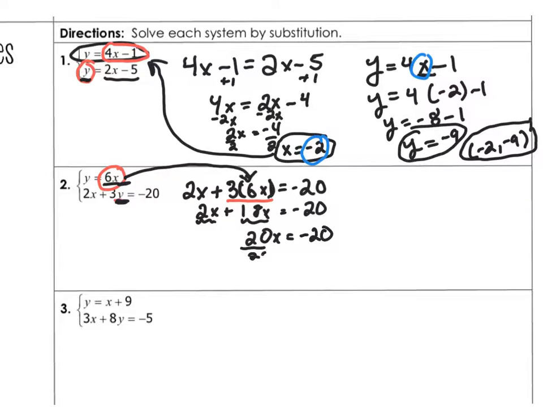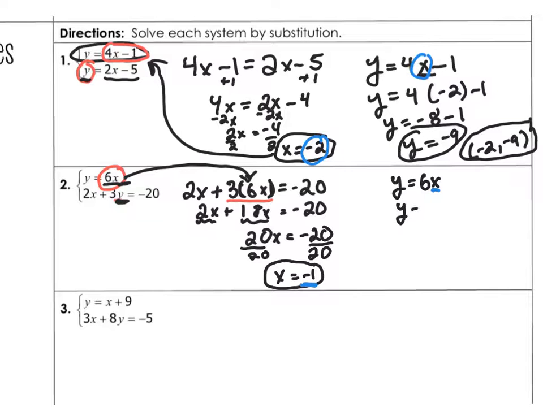Then we divide by 20 on both sides, and we get x equals negative 1. Now again, we're going to take that original first equation, y equals 6x, and substitute in this negative 1 for x right here.